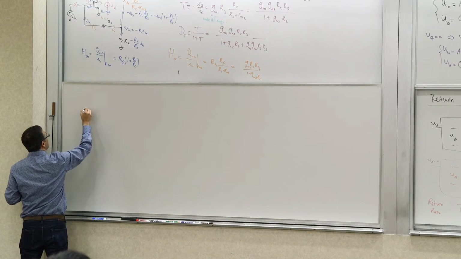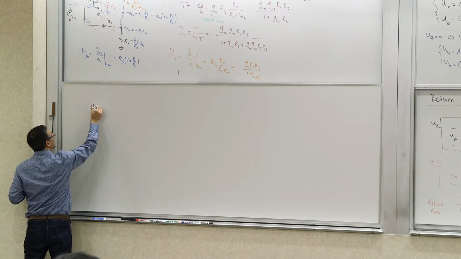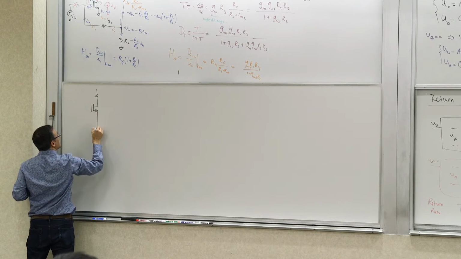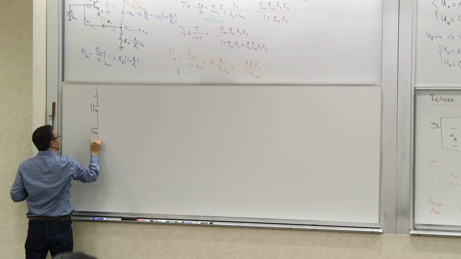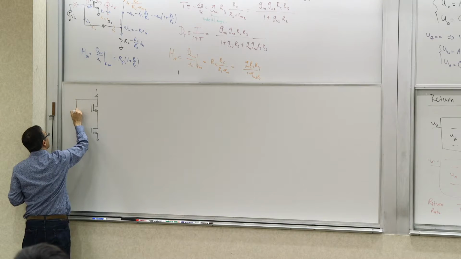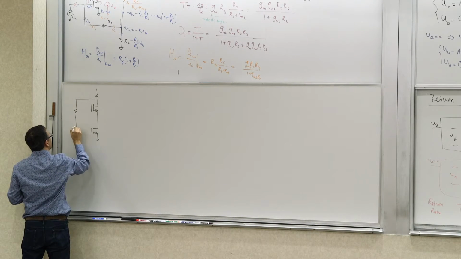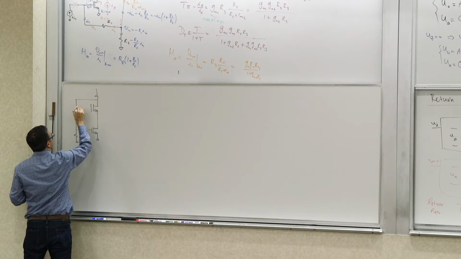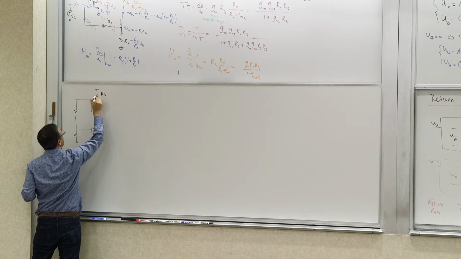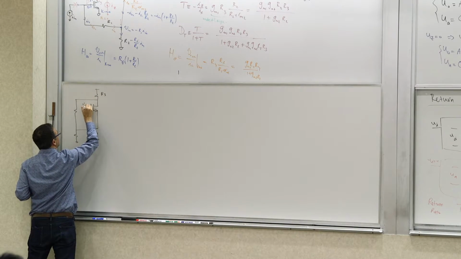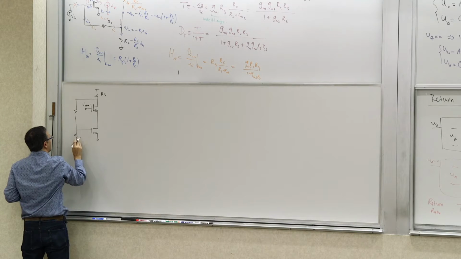So this is the circuit we looked at last time. We had this stage, and we had a resistive divider here that fed this guy. This was R3, I believe. This was a cascode, so there was a V bias.